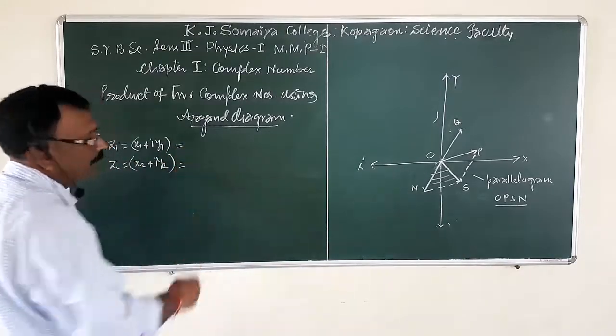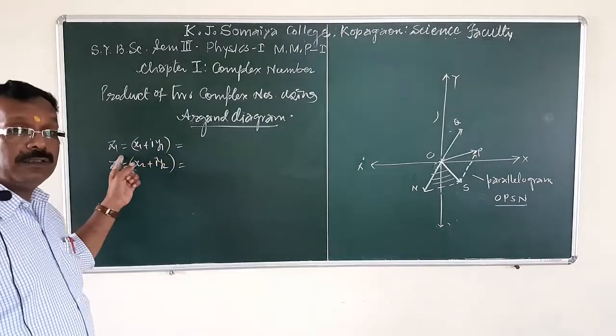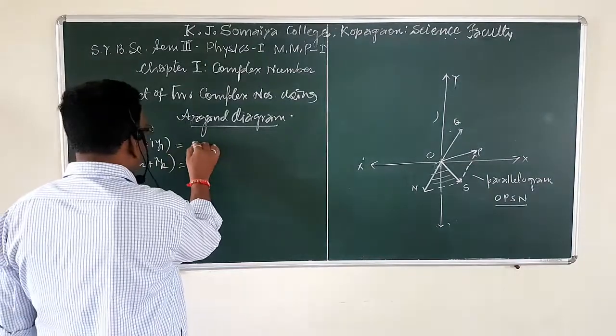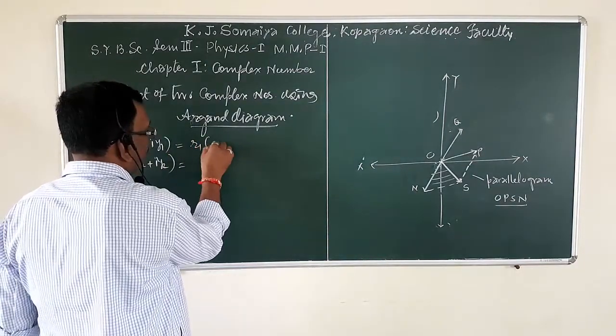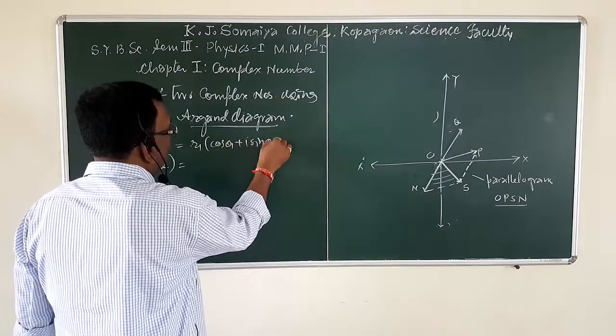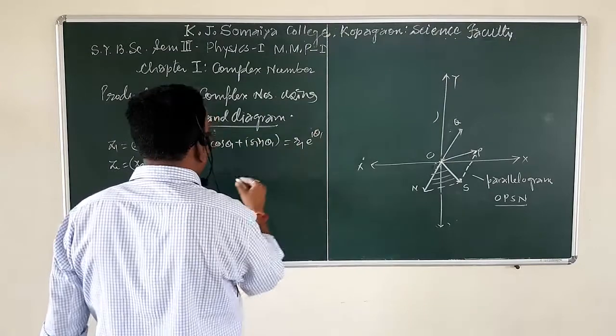But here we have to take the polar and exponential form of complex numbers. The polar form of this complex number is r1 cos theta 1 plus i sin theta 1 is equal to r1 e raised to i theta 1.